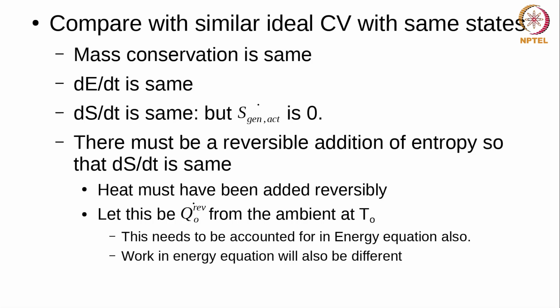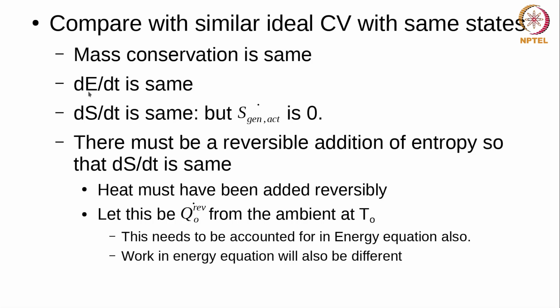So the mass conservation equation is essentially the same as it was before. There is the same amount of mass initially, same amount of mass finally, dm/dt is the same, m_i dot, m_e dot are the same, so mass conservation remains exactly the same. dE/dt is the same because we have the same initial and final states. So the rate of change of energy with respect to time is the same.